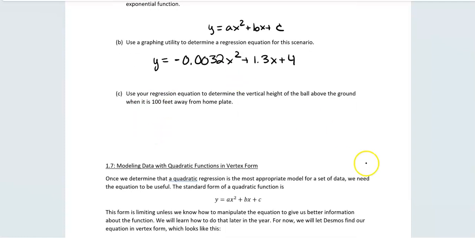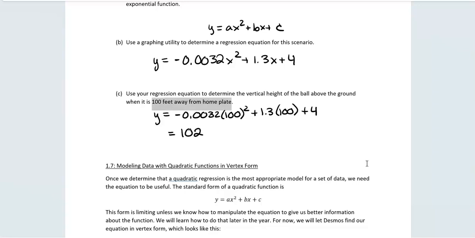So we're finding y equal to negative 0.0032 times 100 squared plus 1.3 times 100, because we're plugging it in for both places where we had x previously. You're probably going to need a calculator, and when you type that in, you get 102.